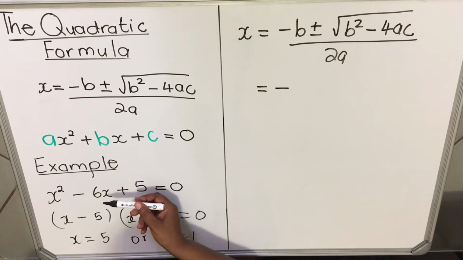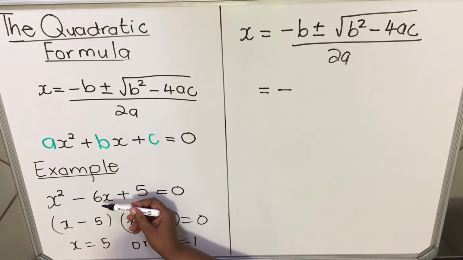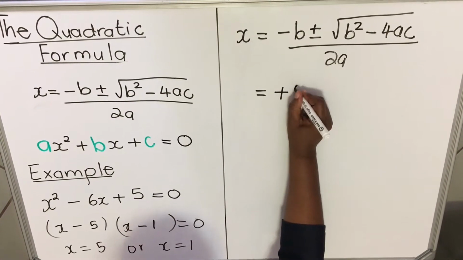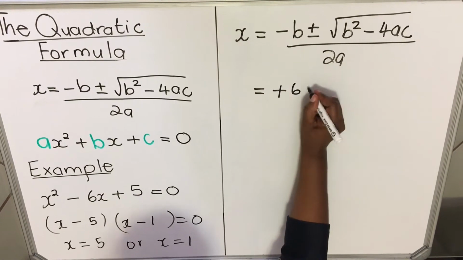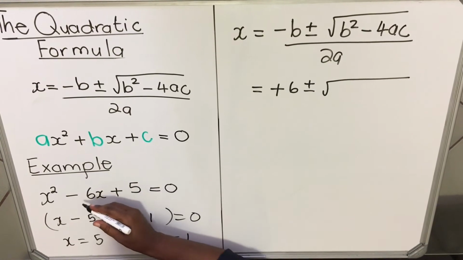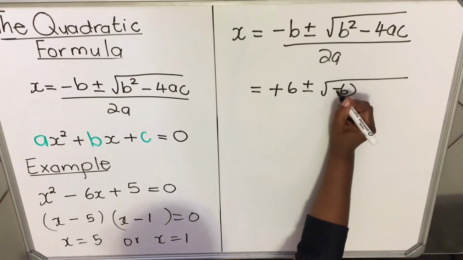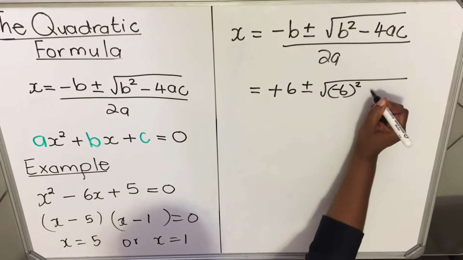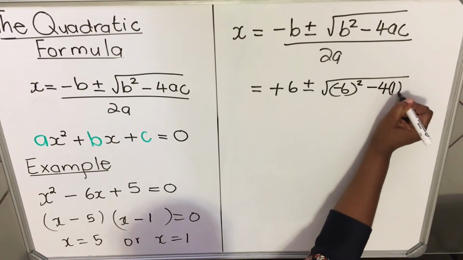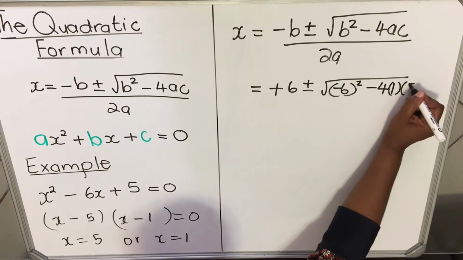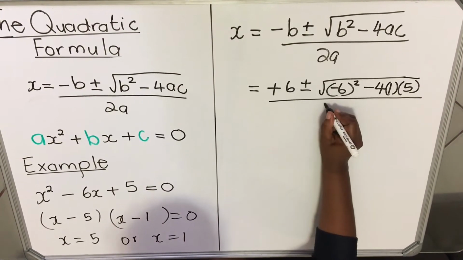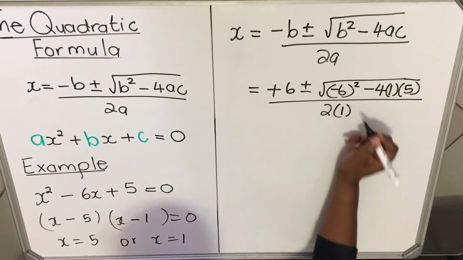My b is the number that goes with x, so it is minus 6. So it's minus, you can write minus 6 or you can make a bracket, plus minus square root of minus 6, put brackets around, squared, minus 4. My a is 1 and my c is 5. Everything divided by 2, my a is 1.